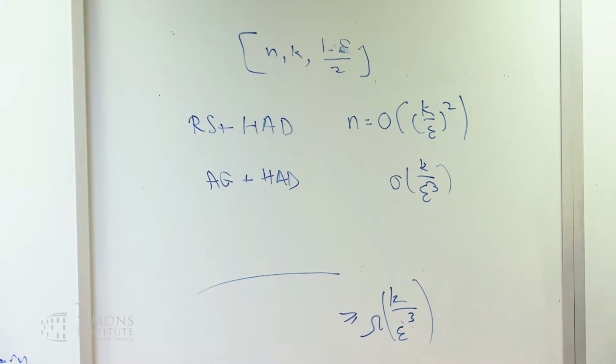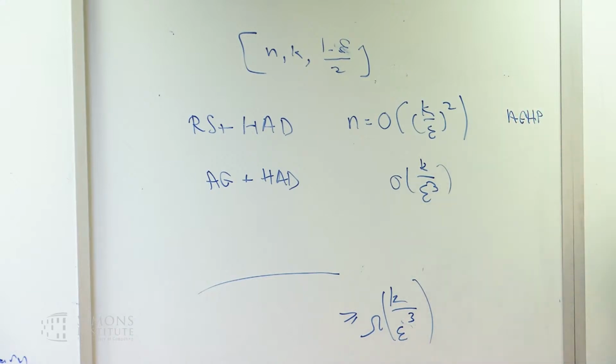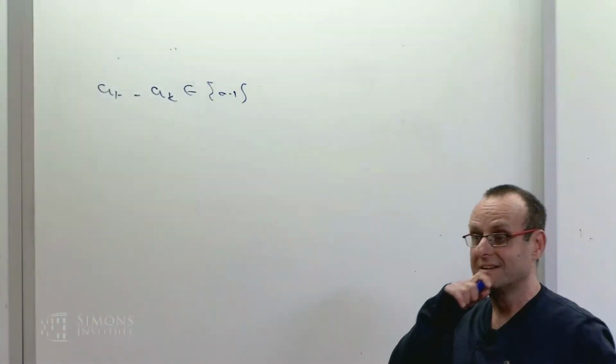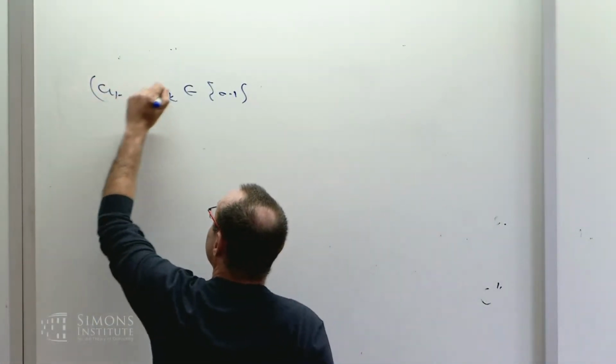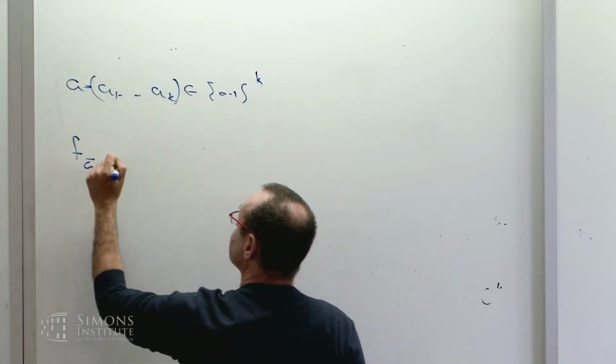There is another way, the second construction in AGHP. So let me tell you what the second construction is. You want to encode a1 to ak, and it's a binary code. They're all in 0, 1. You associate with a a polynomial.